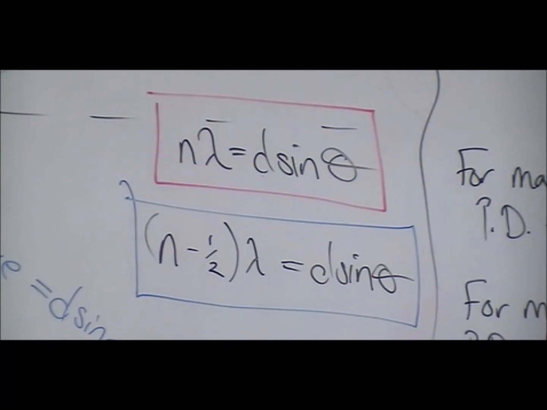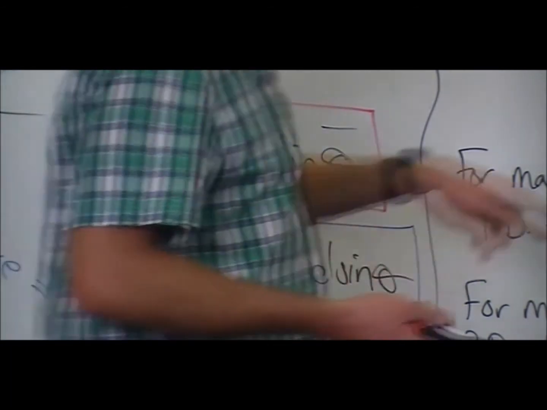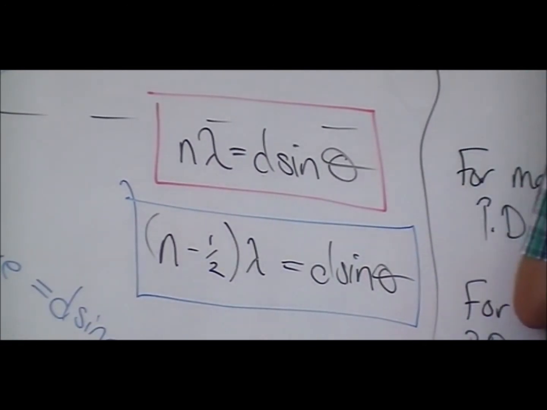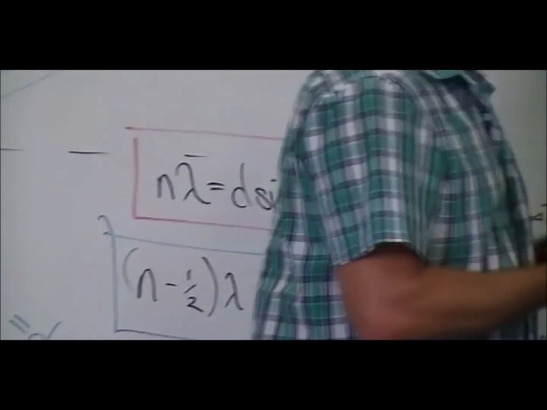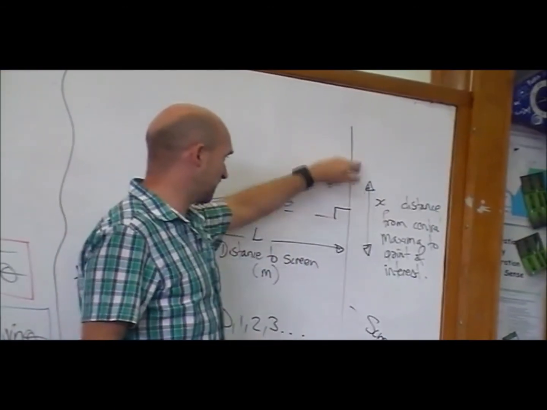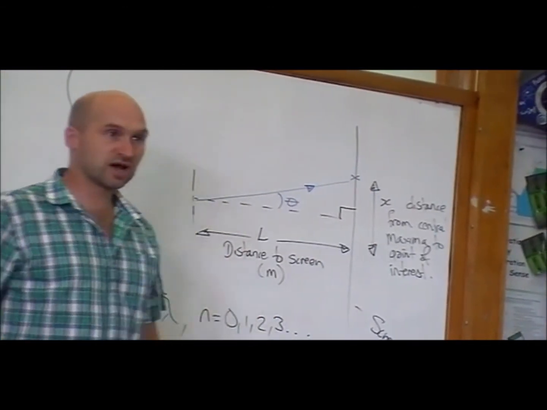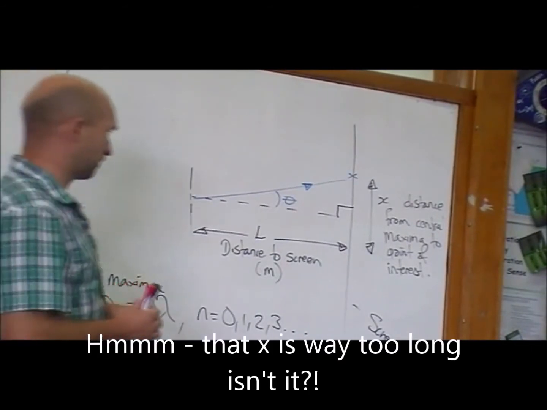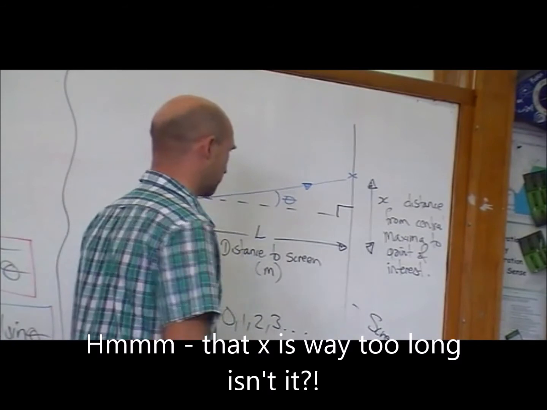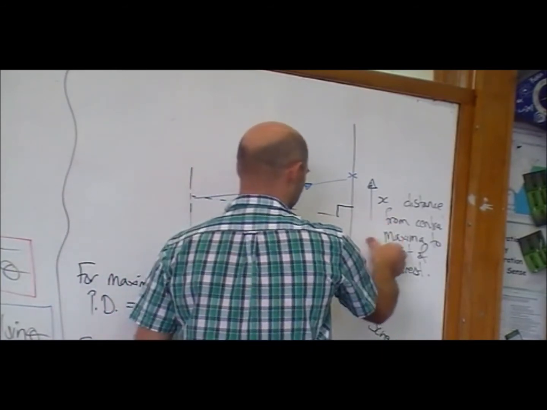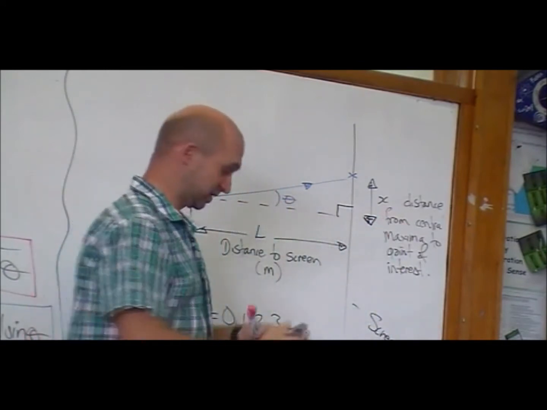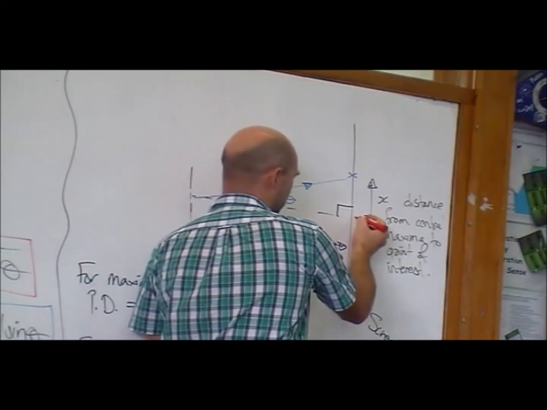If we wanted to use that to solve problems, we'd come back to this right angled triangle here. We've got the angle in the middle, we've got the L at the bottom, and the X up the side. That X is really badly drawn, isn't it? Sorry. That's the X from the central maxima.